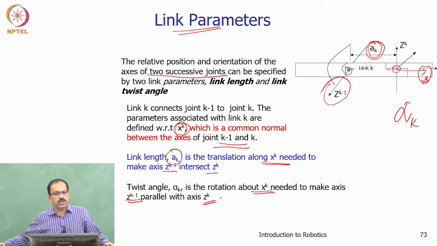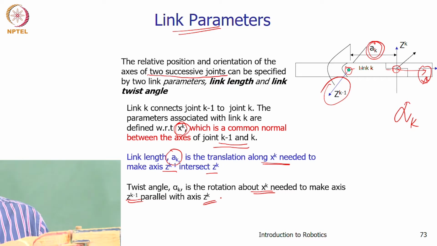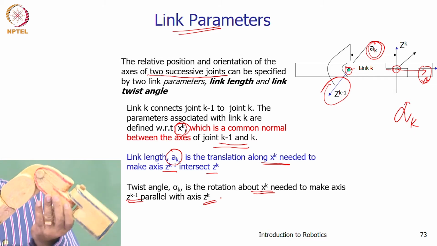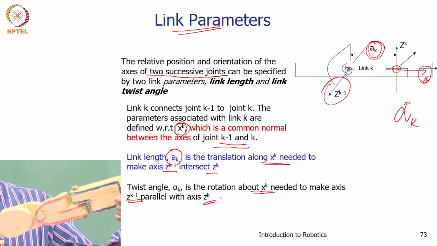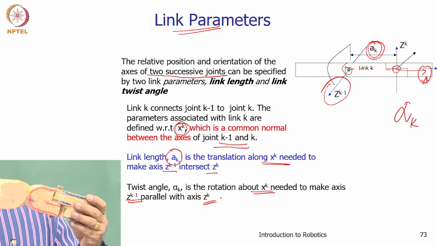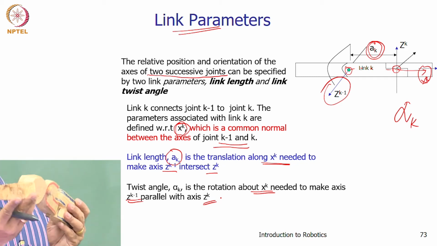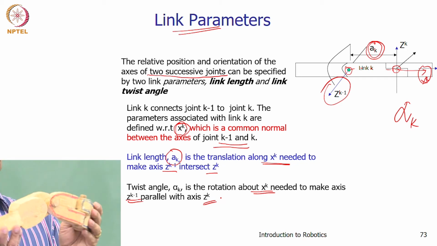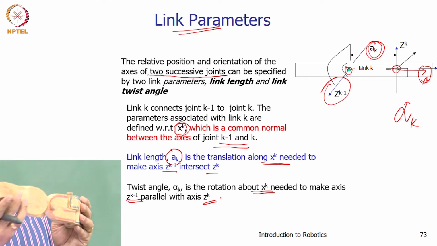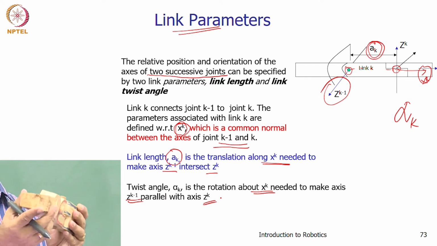A rotary joint is like this joint, and the other one is this joint. One is a vertical rotational axis, and the other is a horizontal axis. Suppose this is xk.